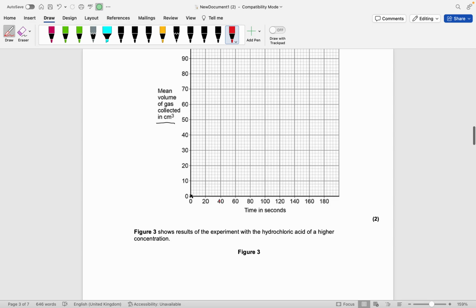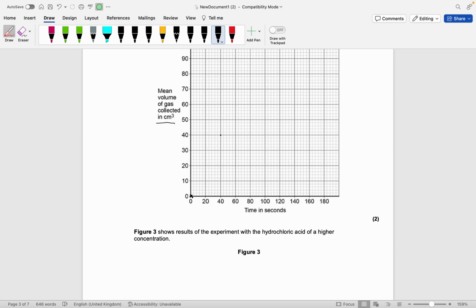So we're going along the x-axis to 40, and then we're going to go up to 47. This is where it might get a little bit trickier. We've got 40, and we're going up in tens to 50. We've got 5 little squares between 40 and 50, which means each tiny little square represents 2 centimetres cubed.